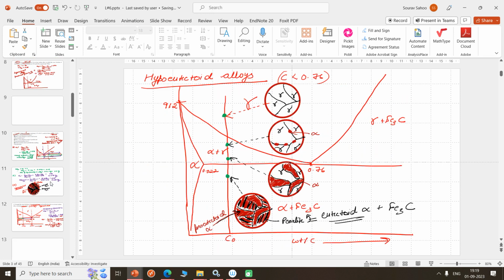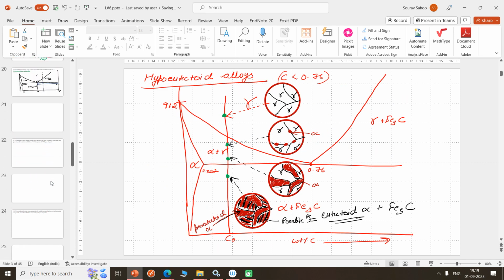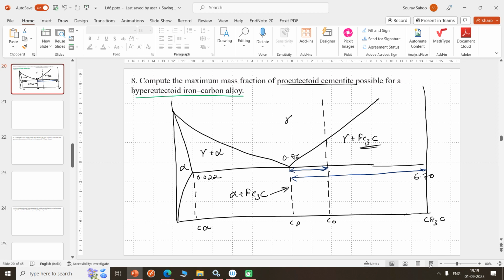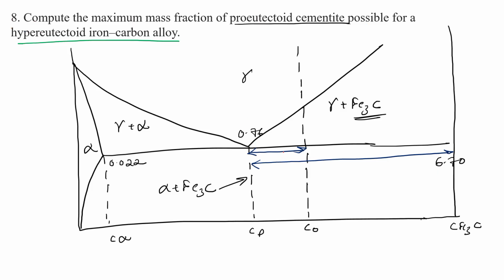Now we just need to plug in to calculate the total fraction. So C0 can go up to 2.14%.